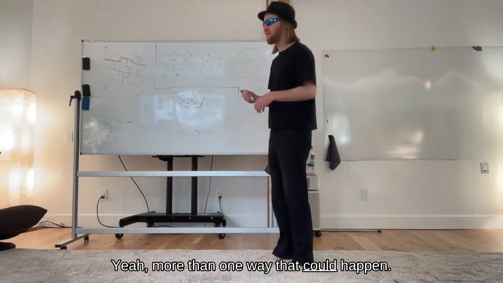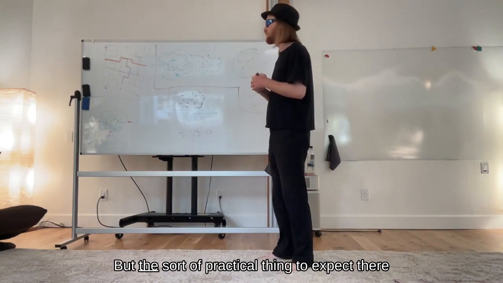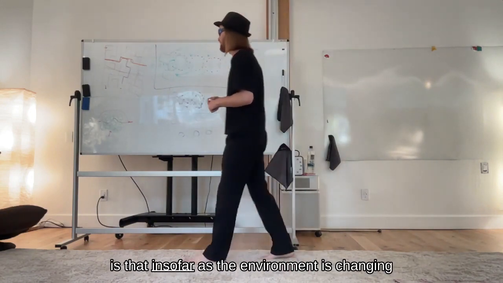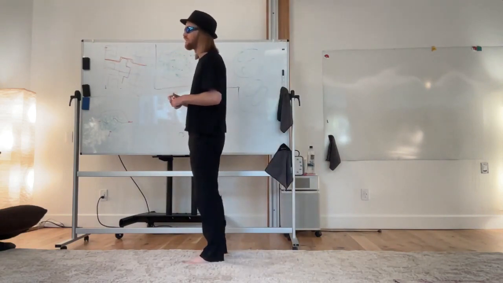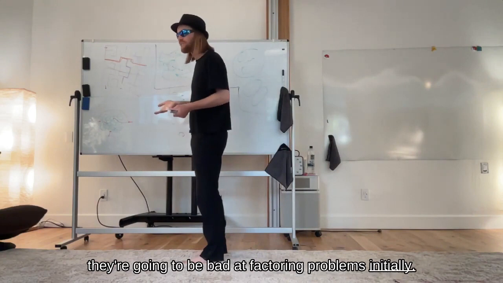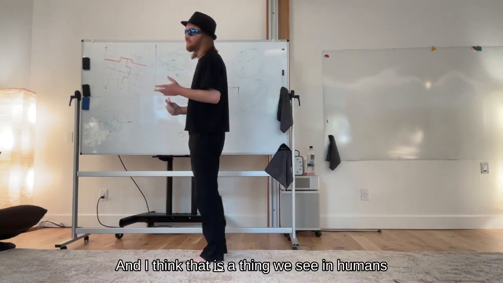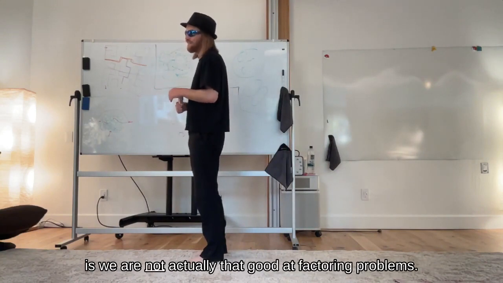Yeah, there's more than one way that could happen, but the practical thing to expect is that insofar as the environment is changing or the agent is entering new environments, they're going to be bad at factoring problems initially. And I think that is a thing we see in humans: we are in fact not that good at factoring problems.